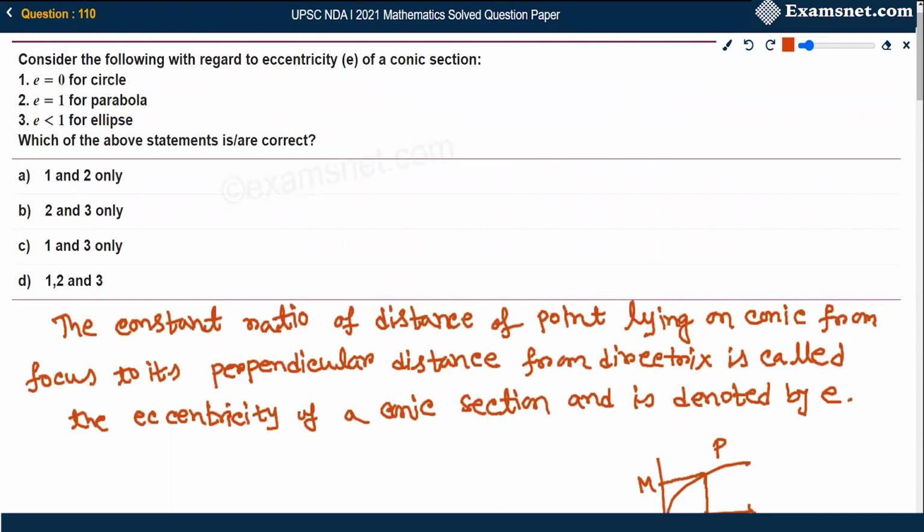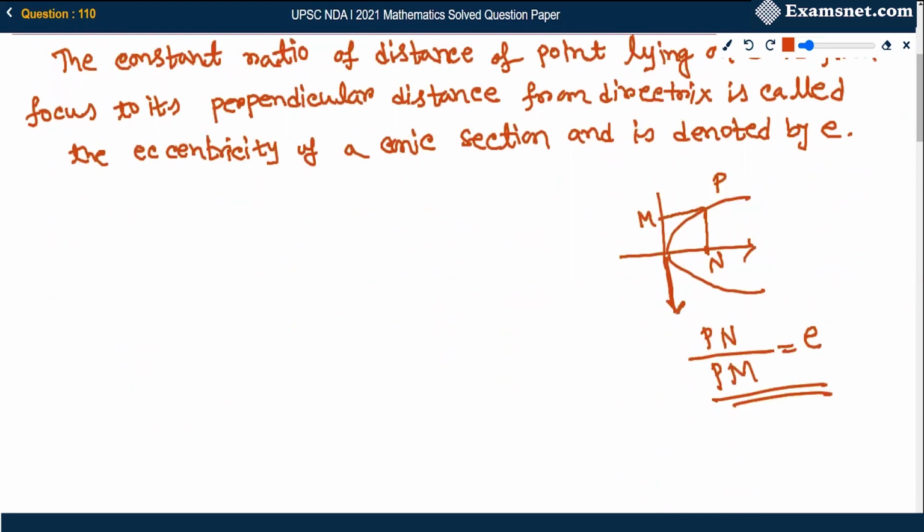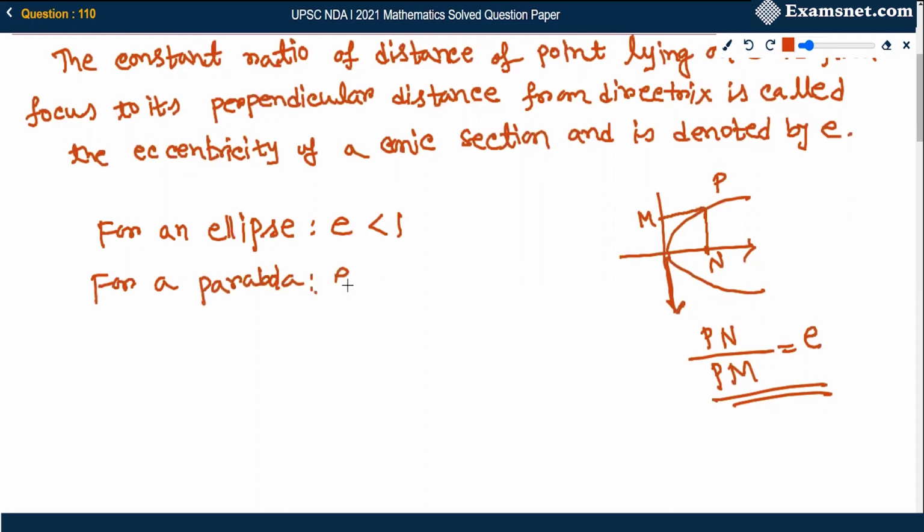So now let's talk about how the value of eccentricity changes for every conic section. For an ellipse, the value of E is less than 1. For a parabola, E equals to 1.